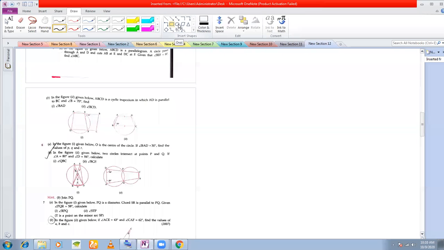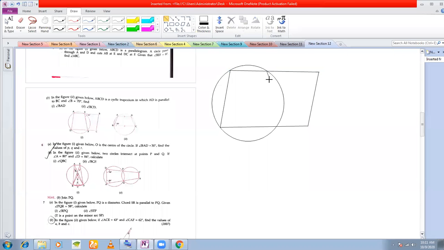If you look at this figure, this somewhat looks like your 5A figure.